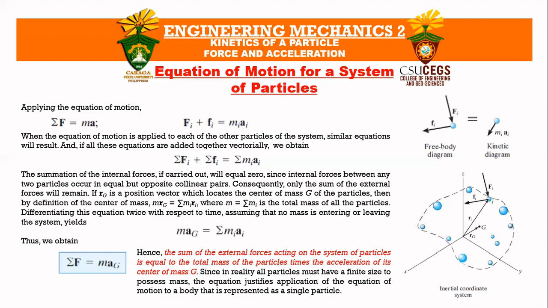You can see that from the illustration here on the right side. So that would be all about the equation of motion, the dynamic equilibrium, and also applying the equation of motion for a system of particles.